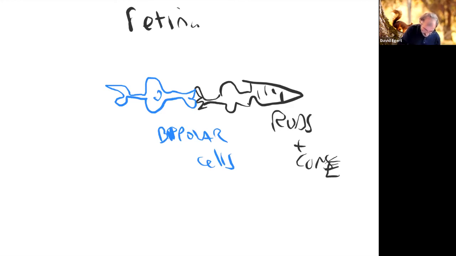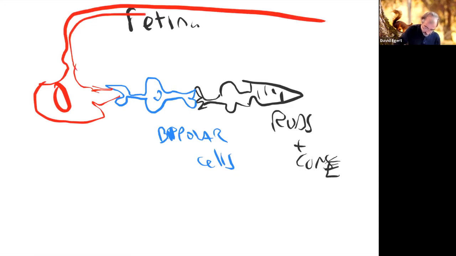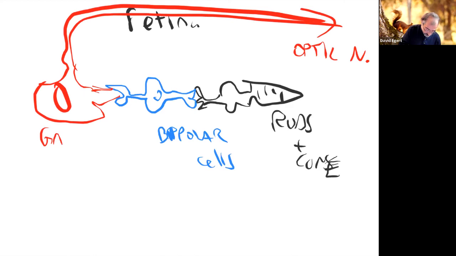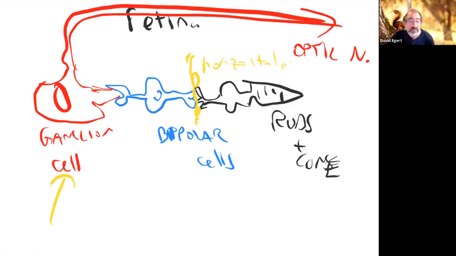And there are these ganglion cells, which are the ones that have the axons to be the optic nerve. And there are all these horizontal cells going back and forth in here. There are all these different cells. Except for the ganglion cells, none of these cells have action potentials. The ganglion cells are the only neuron in here.